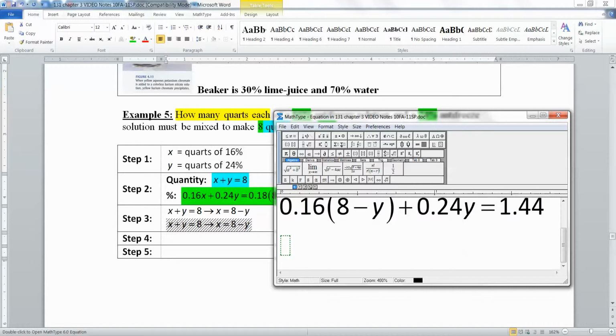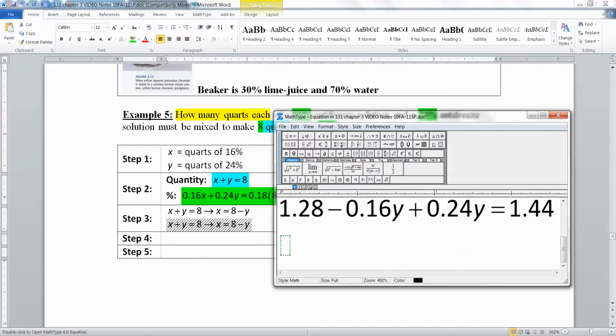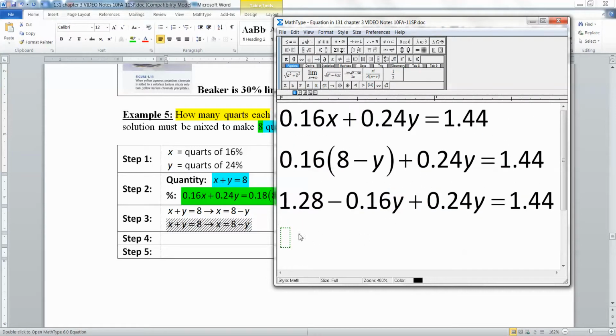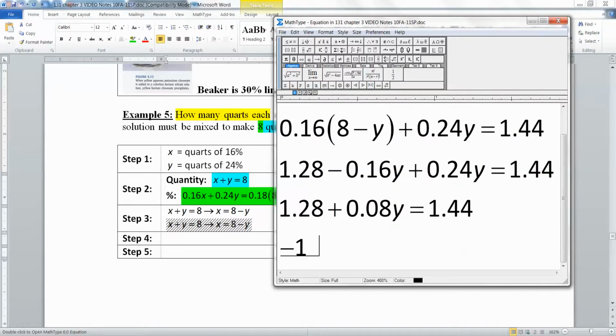All right, 0.16 times 8 is 1.28 minus 0.16y plus 0.24y equals 1.44. That makes it 1.28 plus 0.08y equals 1.44. Then we just need to subtract 1.28 from both sides.